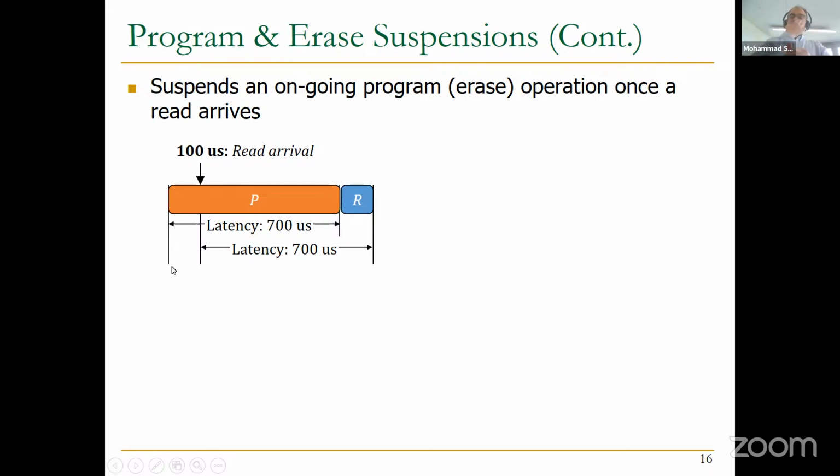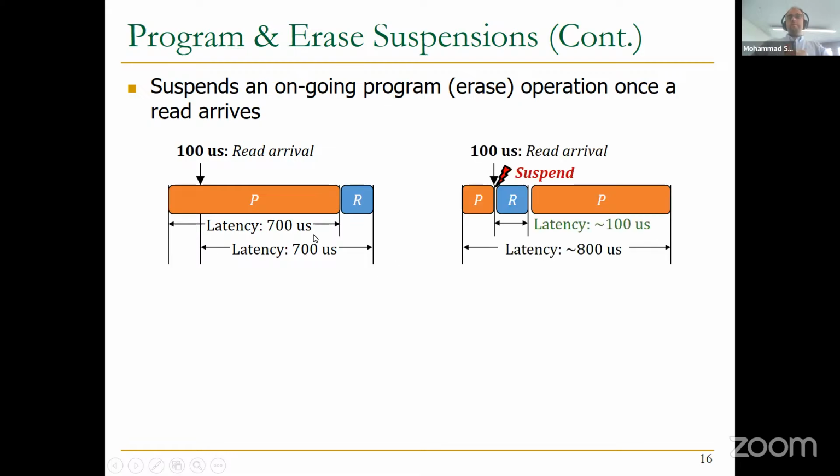The latency that we observe here for the program is 700, and for the read operation it is 700 as well, because it needs to wait for 600 microseconds and then another 100 microseconds for the read.